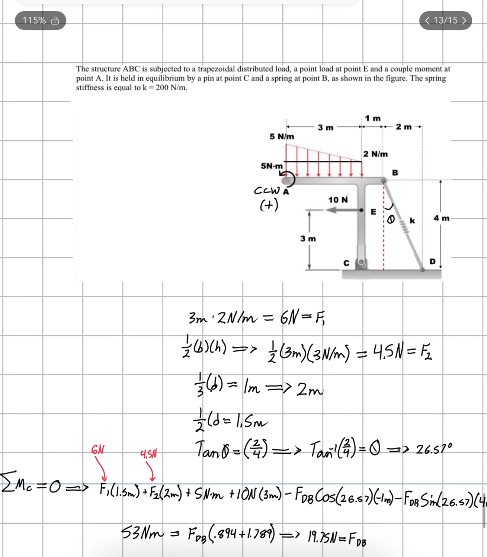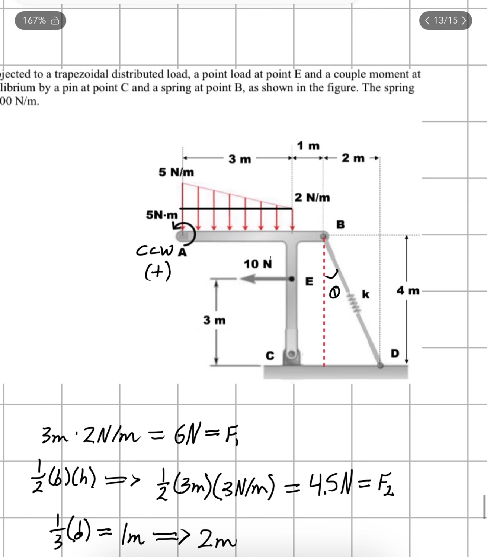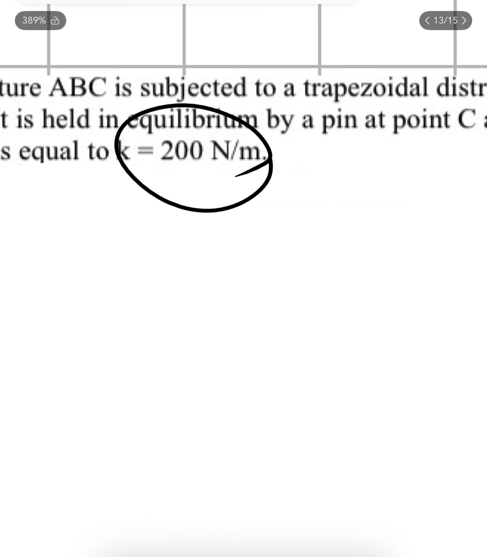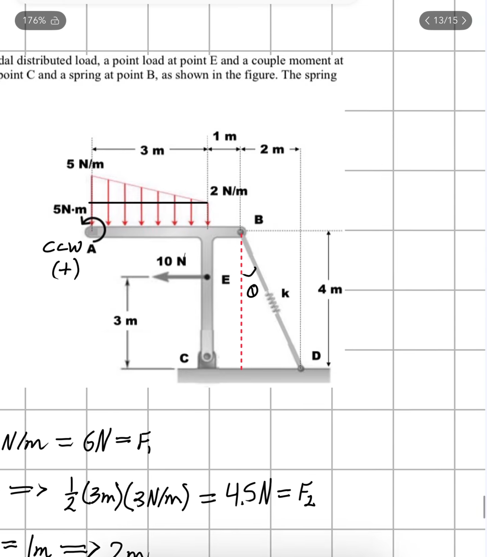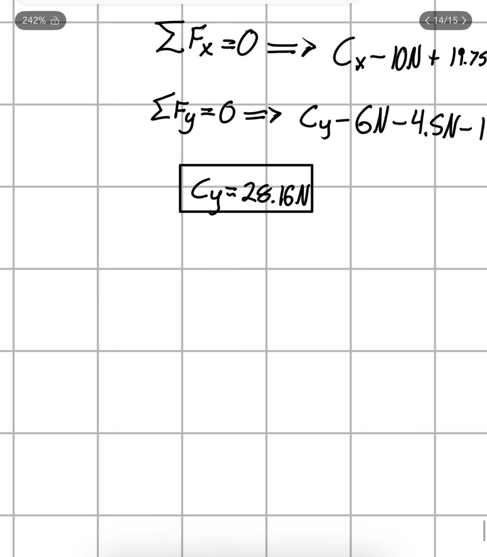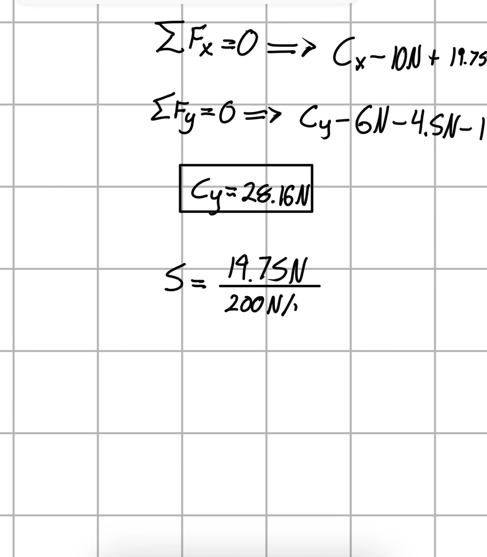Now, we have the force on the spring as well as our spring constant, which is given to us initially. In order to find the stretch of the spring, we simply divide the force by the spring constant. So, S, or stretch, equals 19.75 newtons over the spring constant of 200 Newton meters.